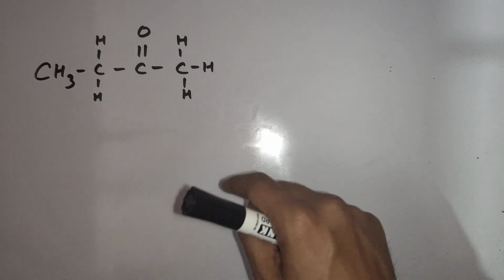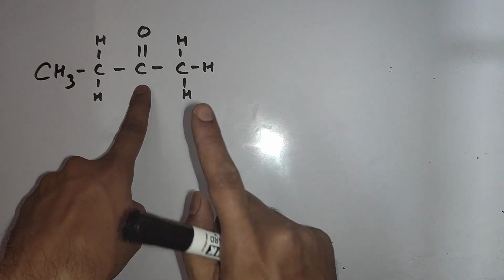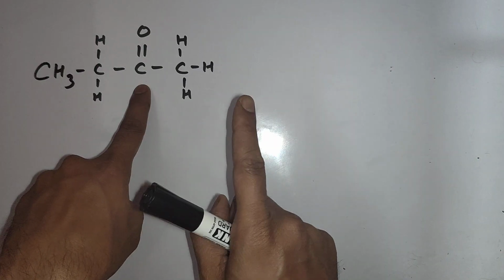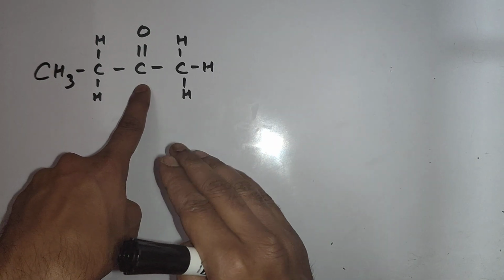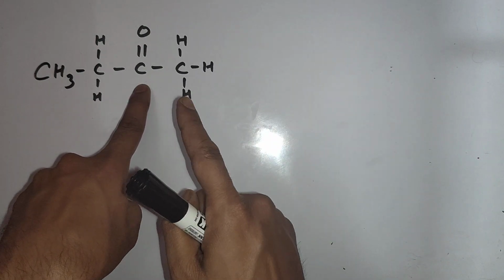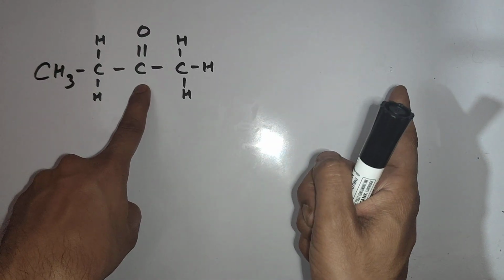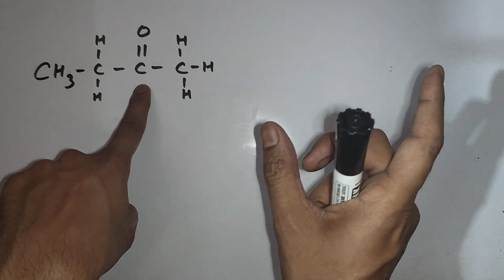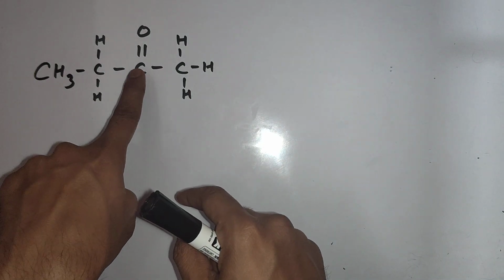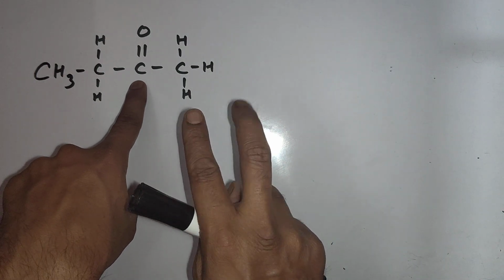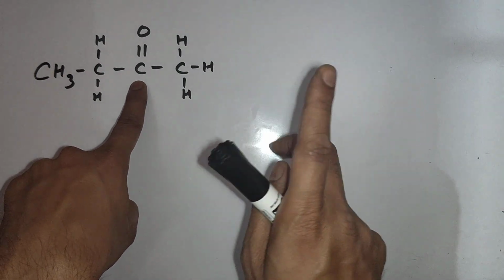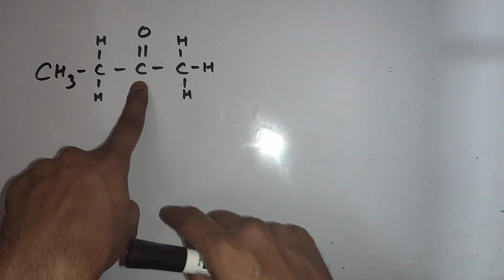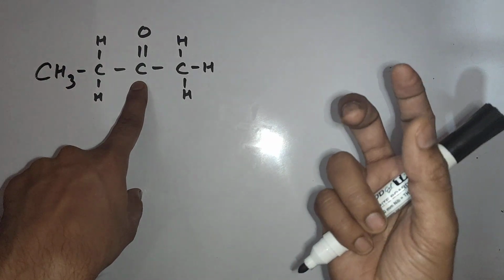Number one, it will not get oxidized in this form. Aldehydes were creating hydrates. Ketones will create enols. In previous videos, when we were dealing with the mechanism of KMnO4 and the oxidation of ketone, I already told you that ketones first convert themselves to enols in strong acidic conditions.